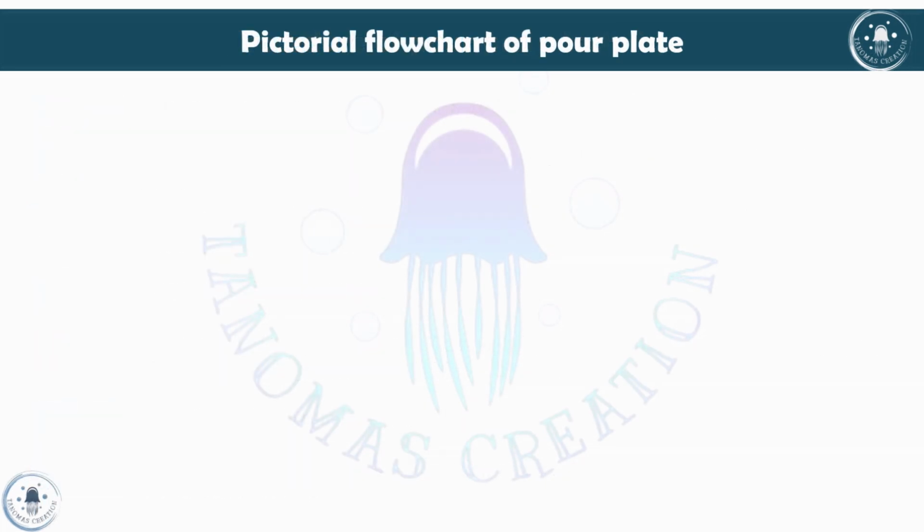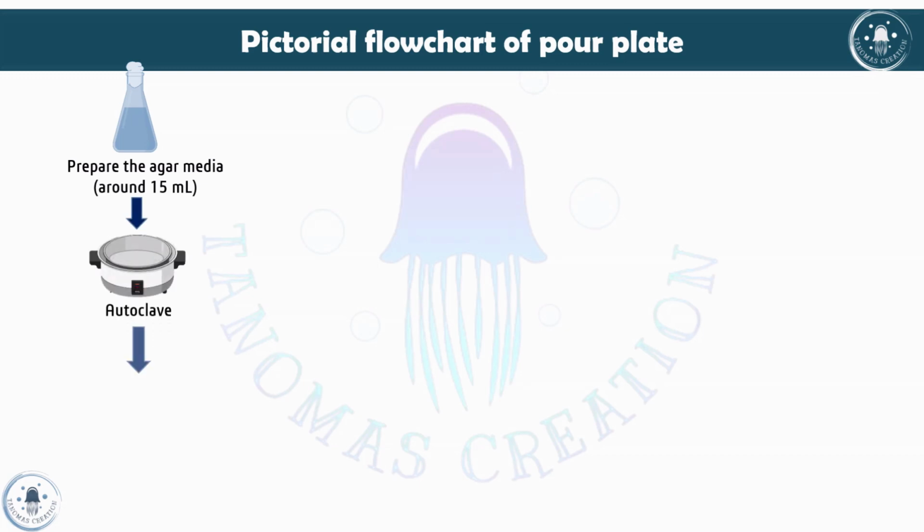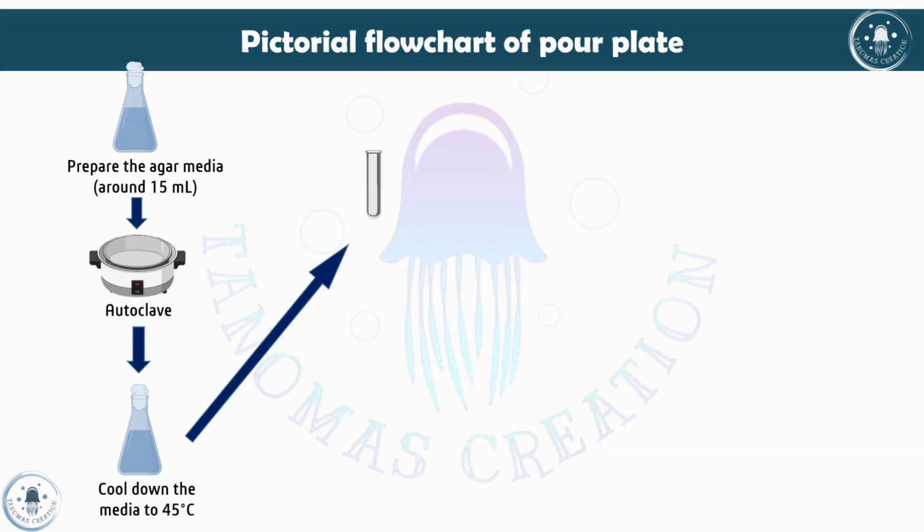Now, coming to the pictorial flowchart of this procedure. We have made the media first, then we have done the autoclaving and cooled it down to 45 degrees Celsius. Now, we take the serially diluted liquid sample, take 1 ml from it and pour it in the center of the blank Petri plate.